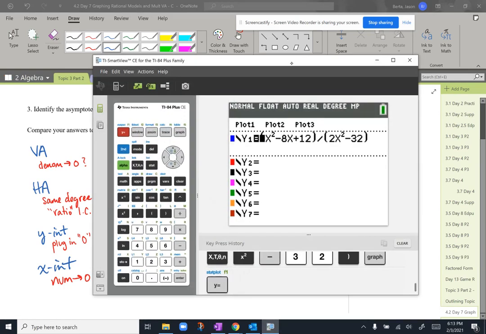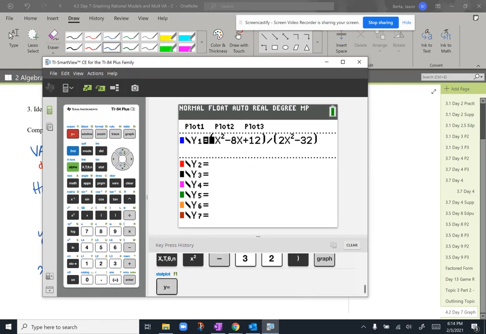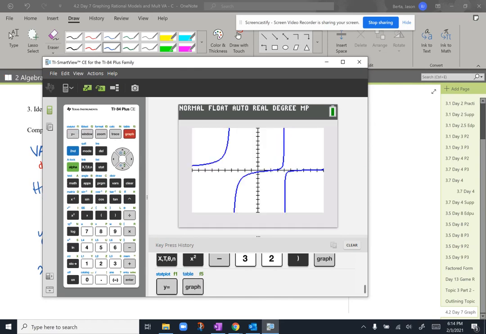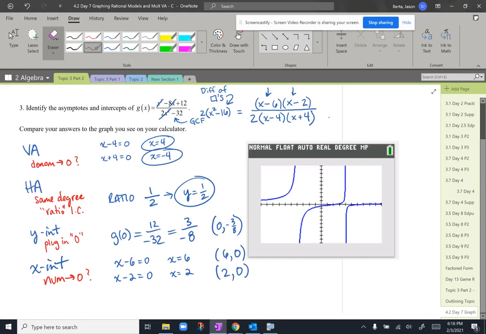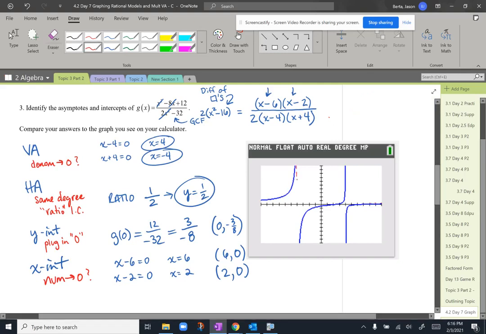Let's graph this on a calculator and see what it looks like. Go ahead and pause it if you want to take the time to enter it now. Otherwise, I'm going to hit graph. Here's what our graph looks like. We've done a great job finding a vertical asymptote at x equals negative 4, and another at x equals positive 4.